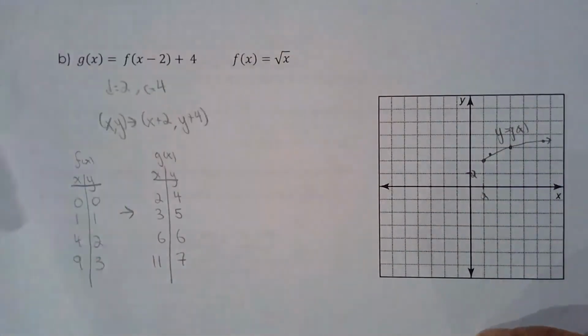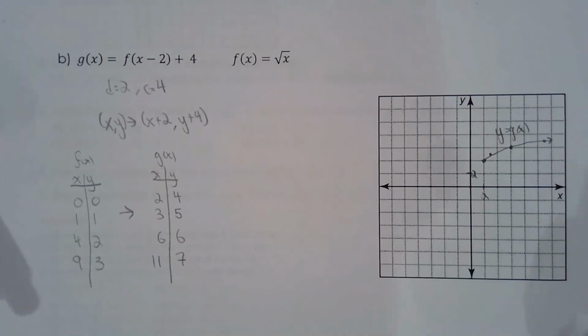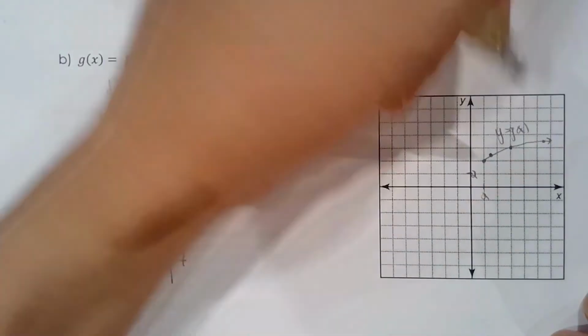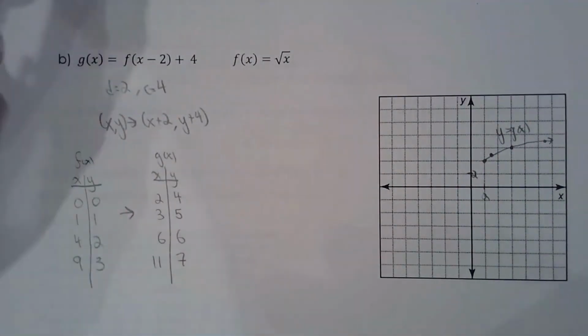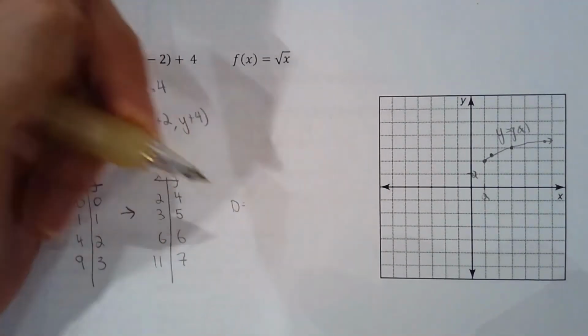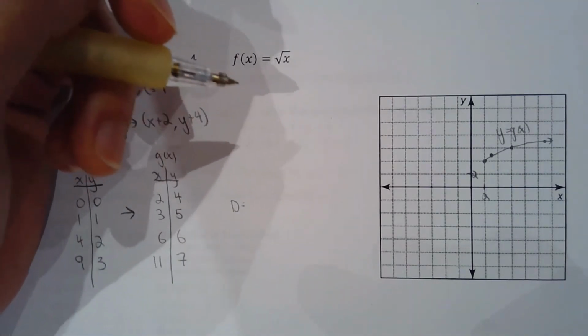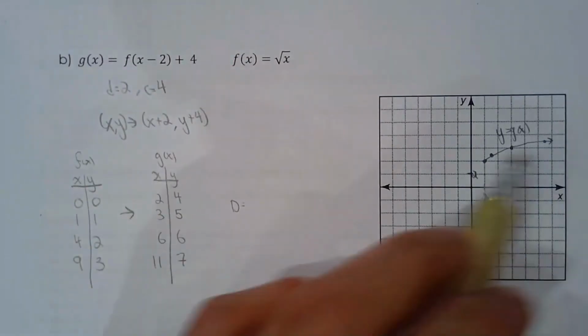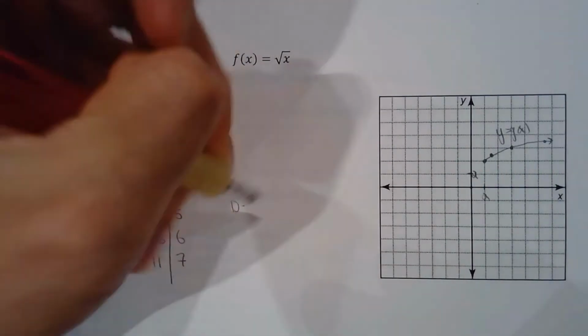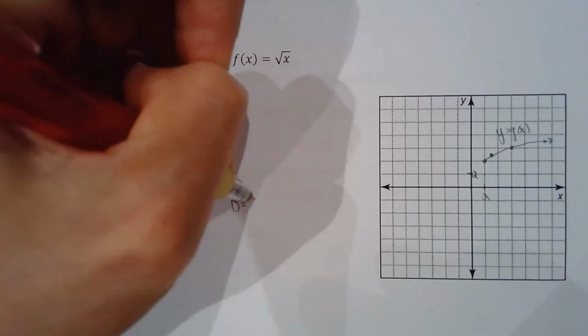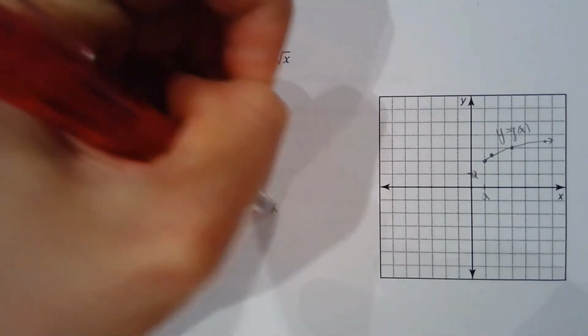So the domain and range of the square root function is, well, x has to be greater than or equal to 0, and the range is also greater than or equal to 0. So using that, you can have something very similar. Once again, not the same, but something similar, right? x is greater than or equal to 2, and the y values will be greater than or equal to 4.